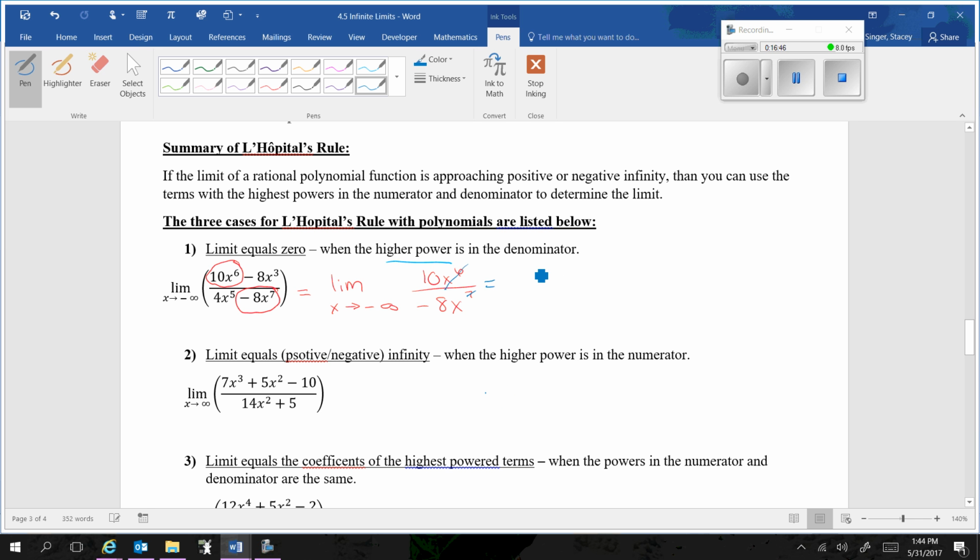And then I would end up with the limit as x approaches negative infinity of 10 divided by negative 8x, which still reduces because 10 and 8 will reduce, but you don't have to reduce it because when I plug in negative infinity into my x term, I get, oops, no longer limit because I'm actually evaluating it, 10 divided by negative 8 times negative infinity, which would change to a positive infinity, which ends up being 0, because I have infinity on my denominator. Whoops, that's supposed to say positive.